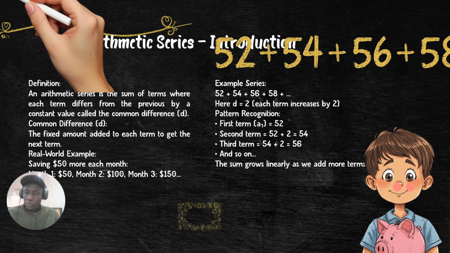It is the fixed amount added to each term to get the next term. Let us work with a real world example whereby I am saving $50 each month, and I started in month 1 with my balance at 50. Month 2, I had 50, it becomes 100. Month 3, I had 50, it becomes what?